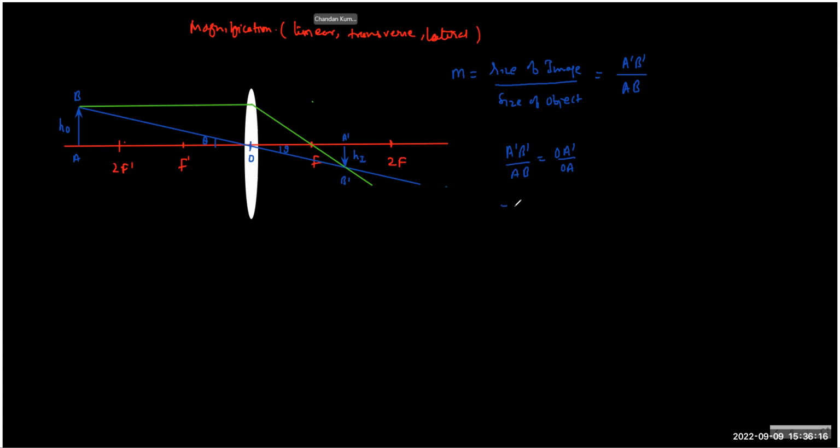What is A dash B dash? Minus HI. What is AB? Plus HO. What is OA dash? Plus V. What is OA? Minus U. So basically HI by HO is V by U only, and HI by HO is called magnification.